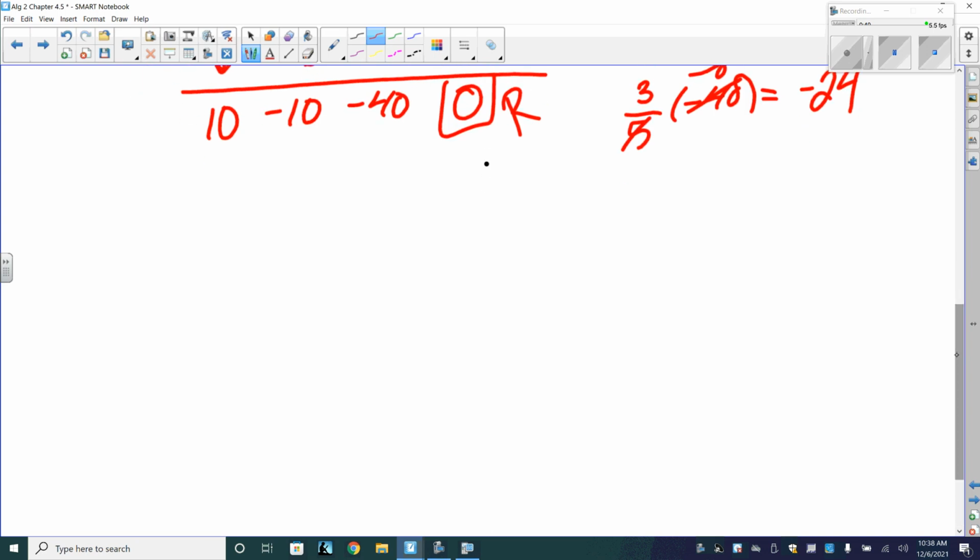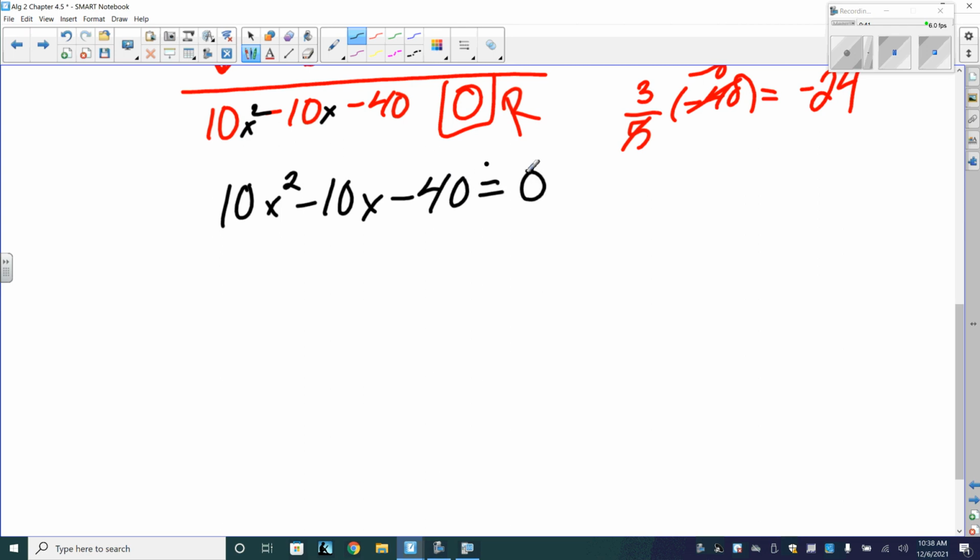Now this here, so we have 10x squared minus 10x minus 40 is equal to 0. Is there a greatest common factor between these three numbers? What is it? 10. You know what?